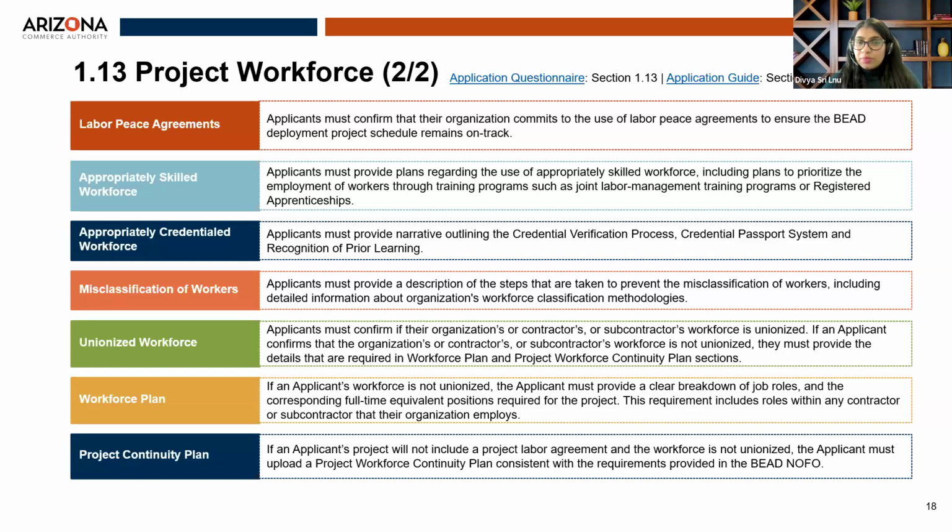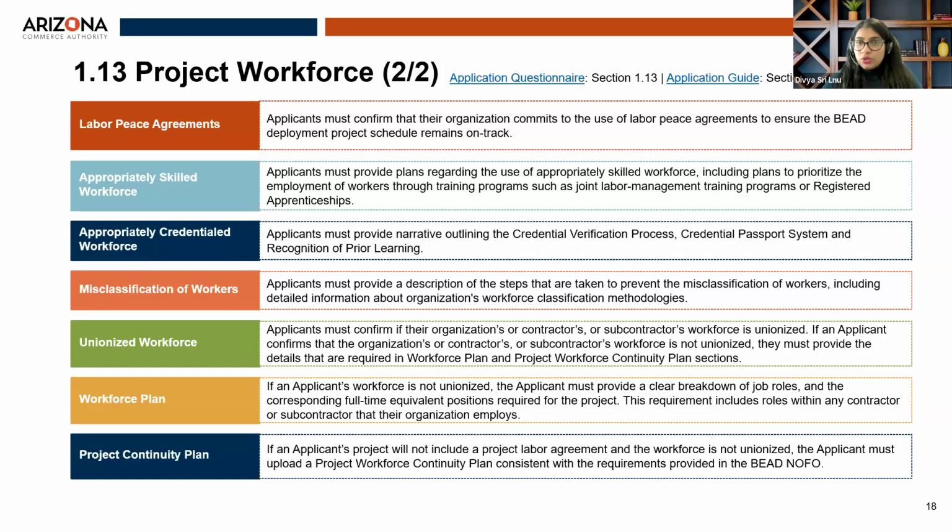The other one is the appropriately credentialed workforce, where applicants must provide a narrative outlining the credential verification process, introducing a credential passport system, and recognition of prior learning for credentials. Following that is misclassification of workers. Applicants must provide a description of how they plan to prevent misclassification of workers during the project deployment.